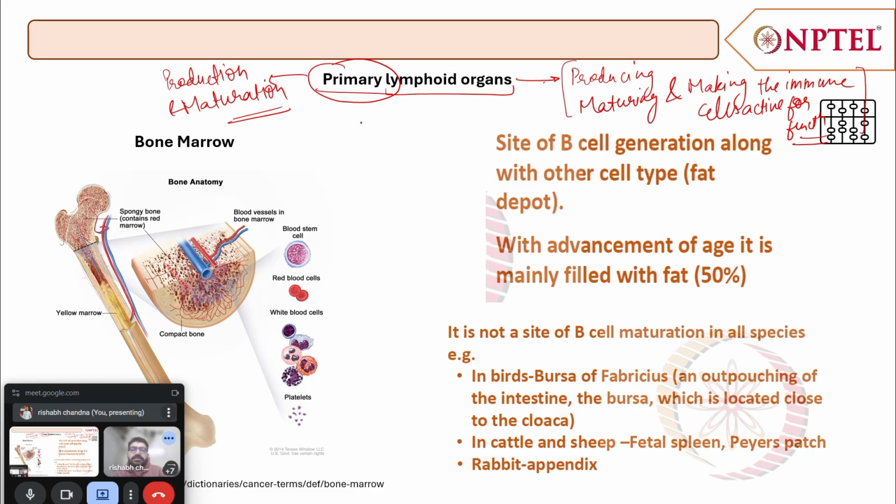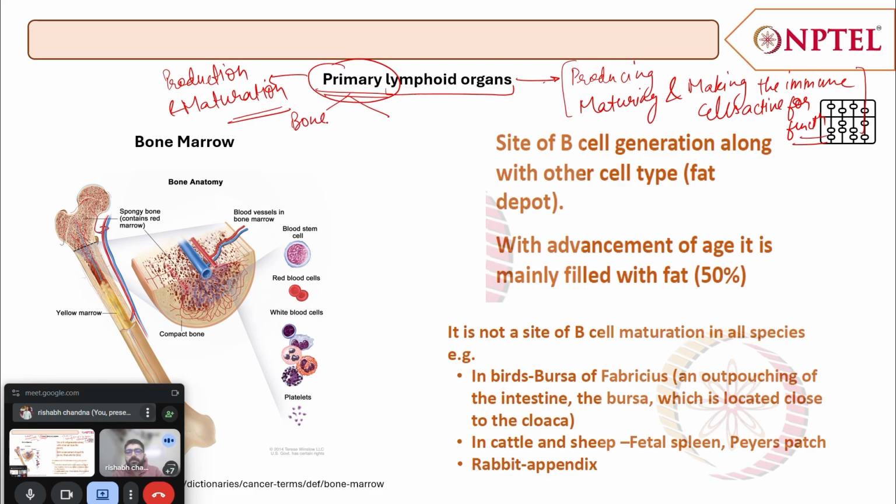The secondary lymphoid organs, on the other hand, help in differentiating different lymphocytes and the immune cells to fight against infections, helping the immune cells to get activated and become specific against the pathogens.